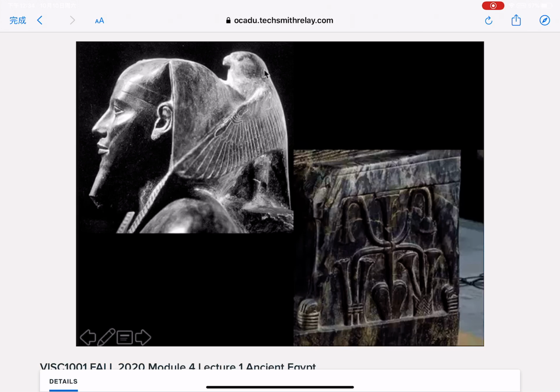So the representation of the god in animal form, or zoomorphic form, is right behind his head. And here on the side of the throne, you can see the carving of intertwined lotus and papyrus plants in stylized form that represent the united Egypt.